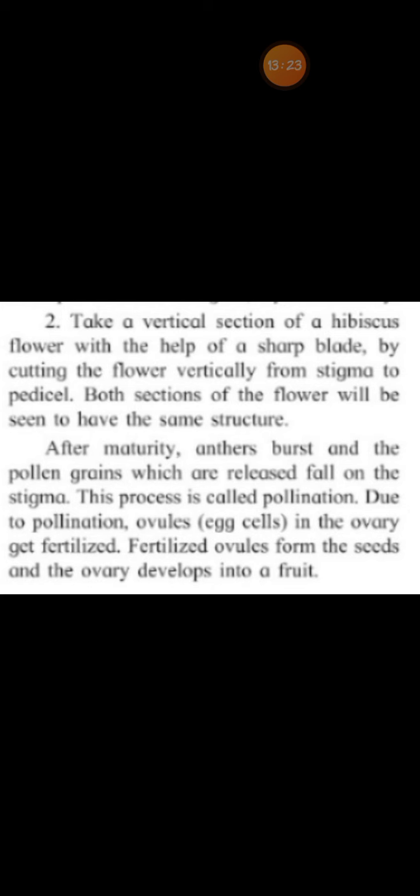Due to pollination, ovules, that is egg cells in the ovary, get fertilized. Fertilized ovules form the seeds and the ovary develops into a fruit. Fine, children? This was all about flowers.